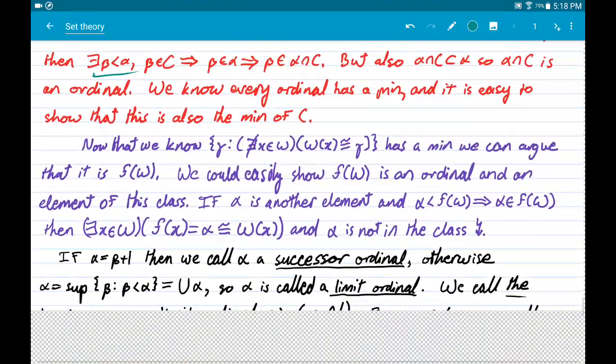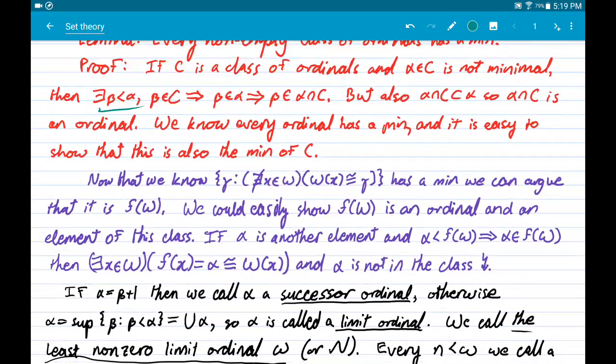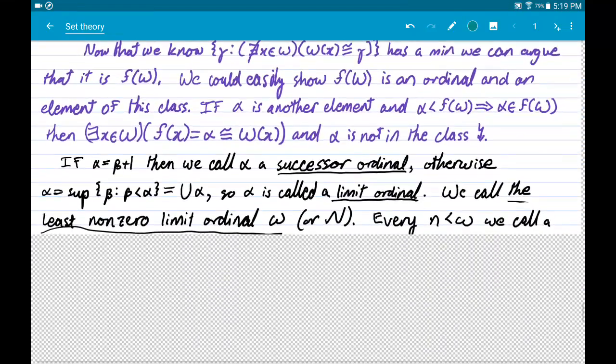And then because it is less, therefore it is in alpha, and since it is in both alpha as well as C, then it's in the intersection. This should all look fairly familiar. I'll skip the rest of the proof because it is probably pretty obvious and familiar at this point.